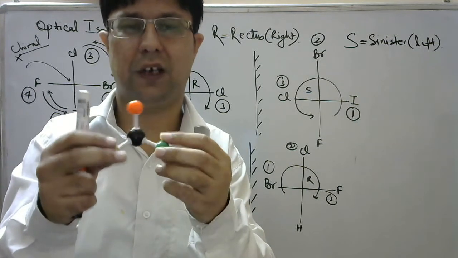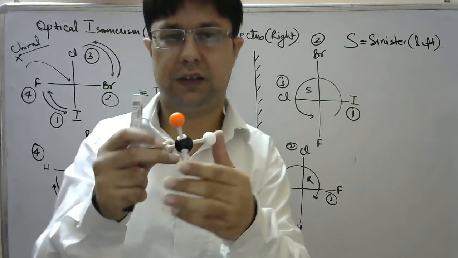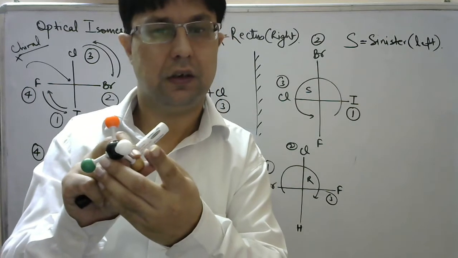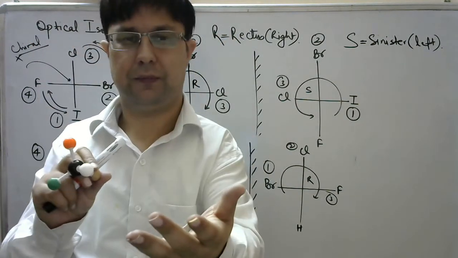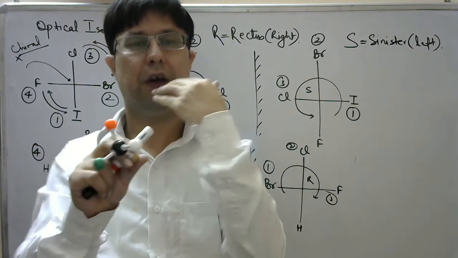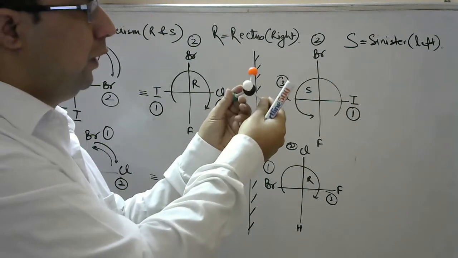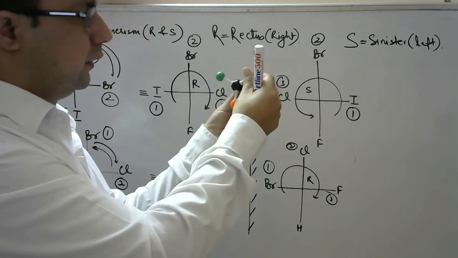So if I have to assign the configuration, whether it is R or S configuration, the hydrogen atom which has the lowest priority should be kept away from the viewer. So I will not be doing like this, I will be doing like this.